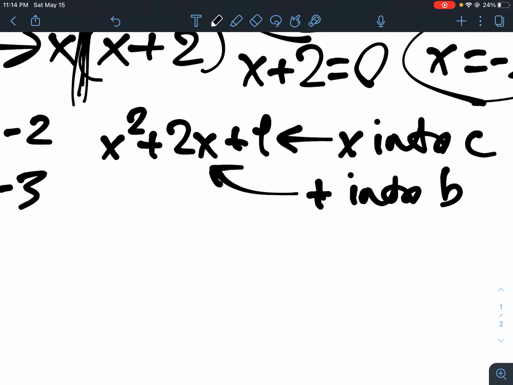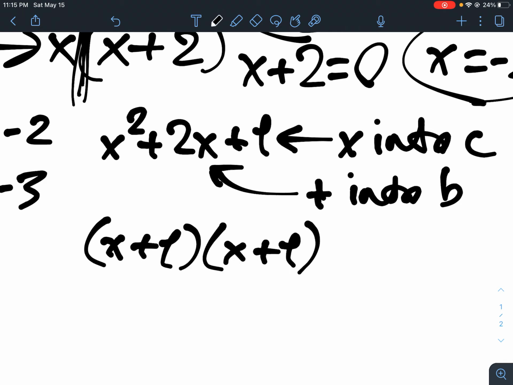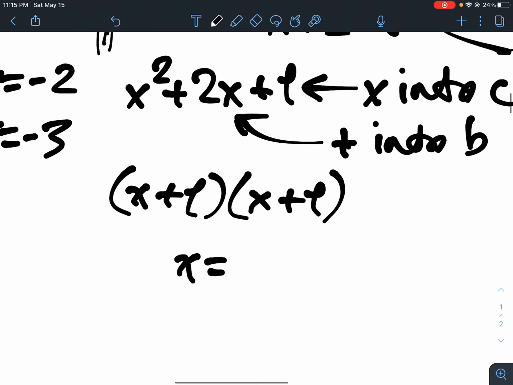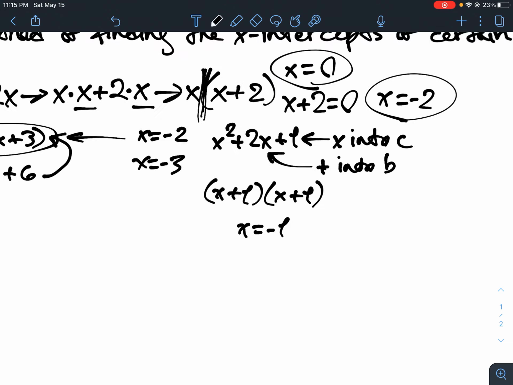So if you factor it, it would become x plus 1 and x plus 1, because 1 times 1 is 1 and 1 plus 1 is 2. And then you would find that the root, one root because they're both the same, is x equals negative 1.